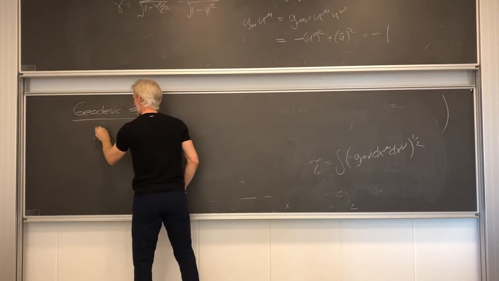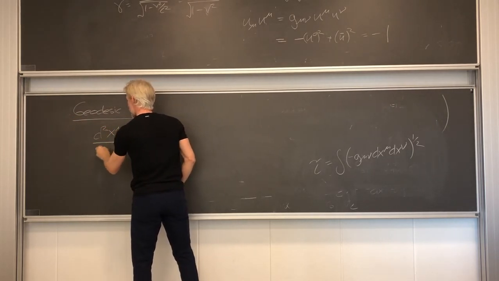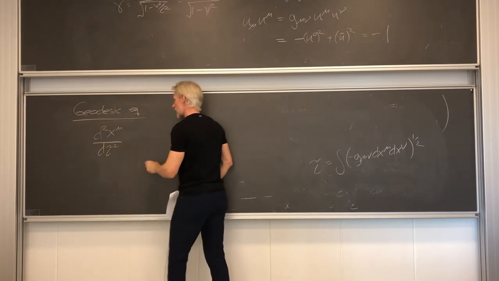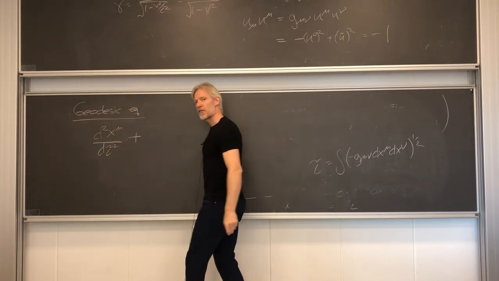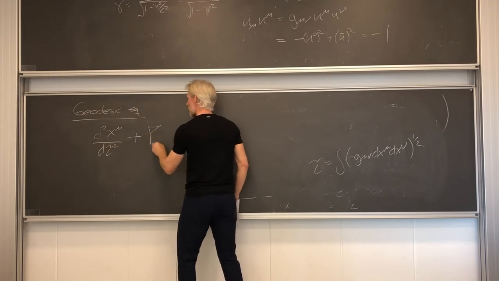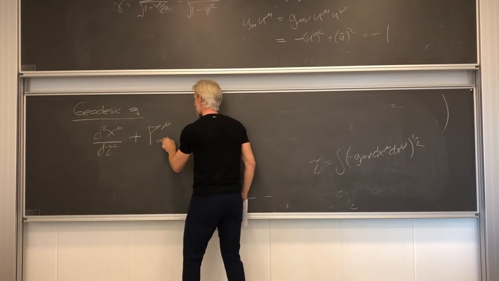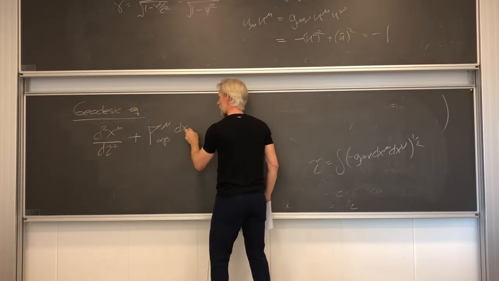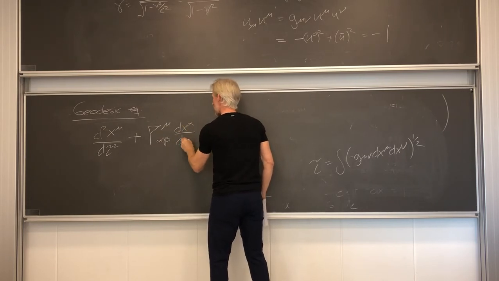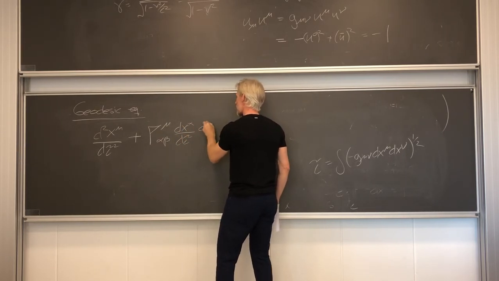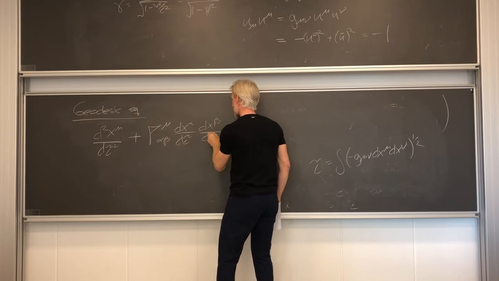So first, I get the same term as before, not surprisingly. But then I get a different term which encodes information about the nature of the space-time I'm looking at.